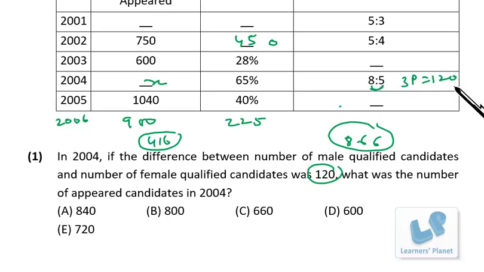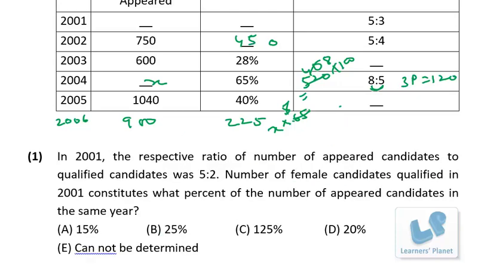So 1 part is 40. 8 plus 5, 13. 1 part is 40, so 13 part will be 40 into 13, that is 520, and this is actually 65% of the total number of candidates. So 65% of x is 520, so that's 800.